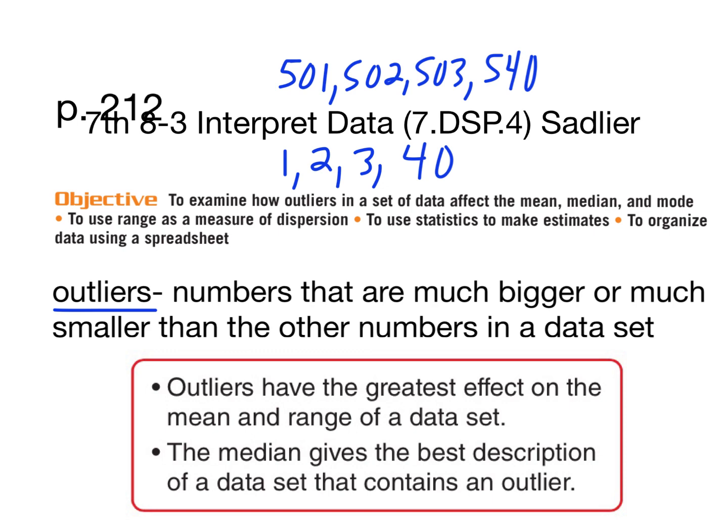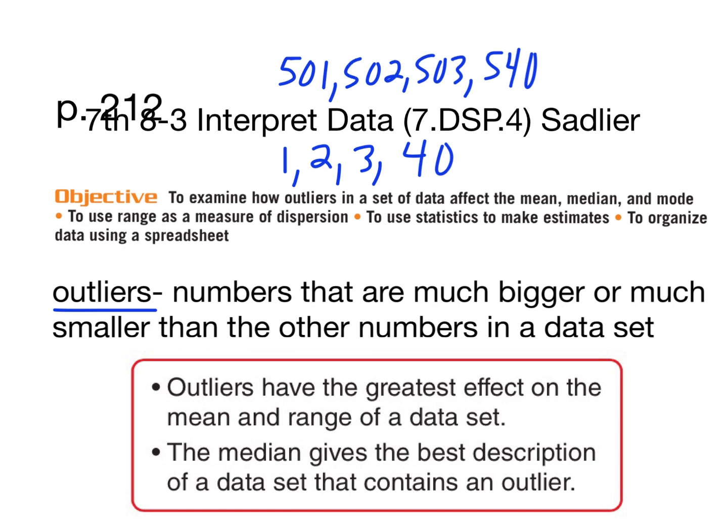There's not really a set formula. Well, I say that. When we get into box and whisker plots, they do actually have a way that they figure out if something is an outlier. So I take that back. There is actually a formula that they use.